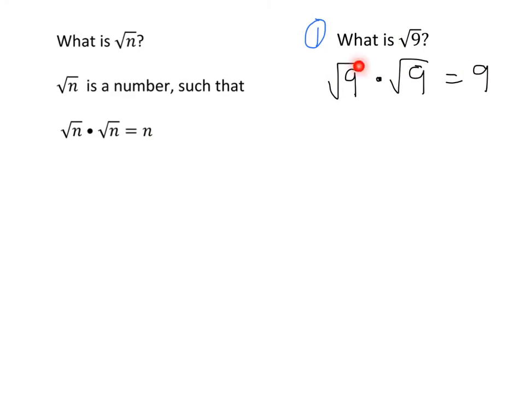So what number, if I multiply it times itself, gets me 9? You all know the answer is 3. So the square root of 9 is just 3. But again, I want us to really focus on this idea.